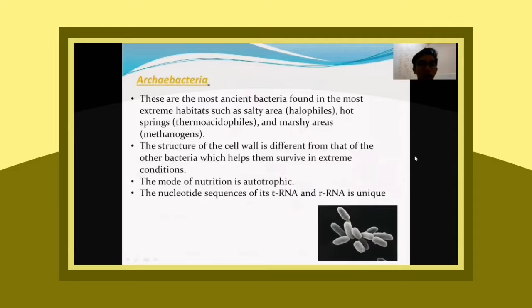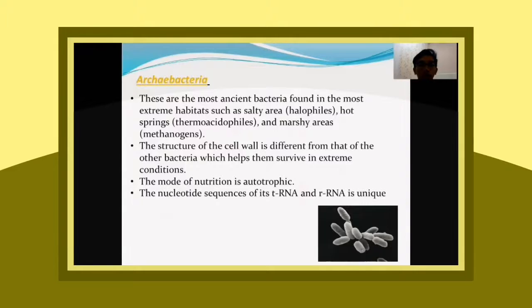Next one is Archaebacteria. I want to present about Archaebacteria. Archaebacteria are the most ancient bacteria, found in the most extreme habitats, such as salt areas, where we call them Halophiles, hot springs, Thermoacidophiles, and marsh areas, methanogens.